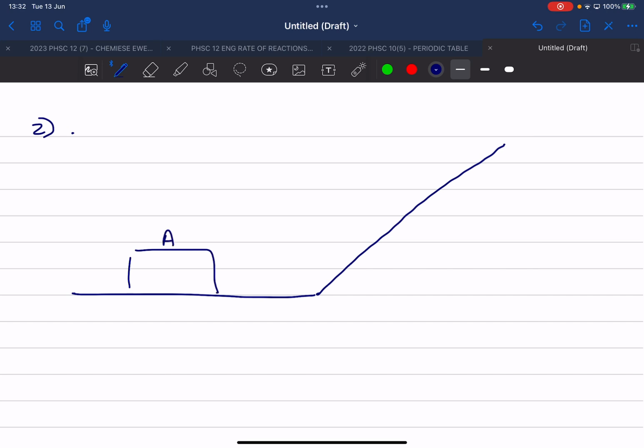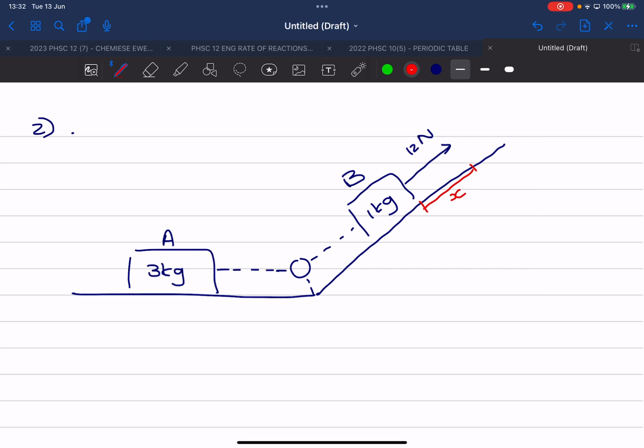Daar's A, hy's 3 kilogram. Then we have something going on there, looking fishy. Okay. Goed, so kom ons kyk net gou na die prentjie. Dis nie moeilik nie, glad nie.